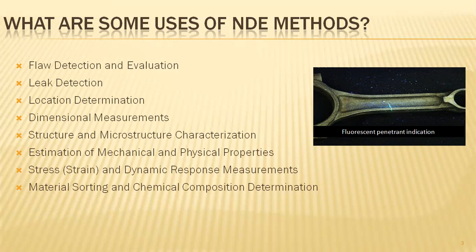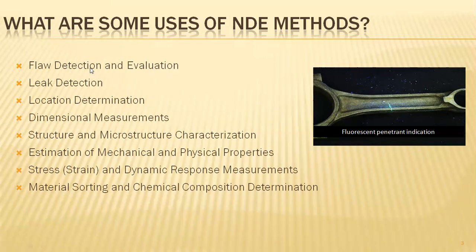And here we will have a clear-cut view of what the uses of these NDE methods are, and what types of detections can be observed by following these non-destructive methods. So first one, flaw detection or evaluation.